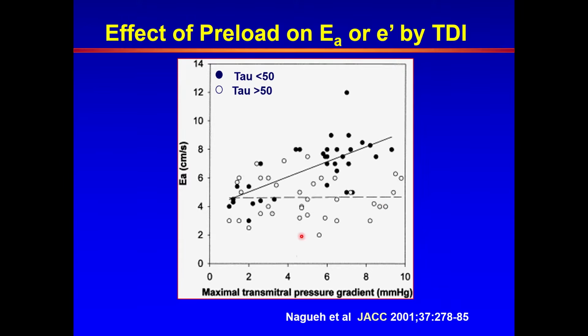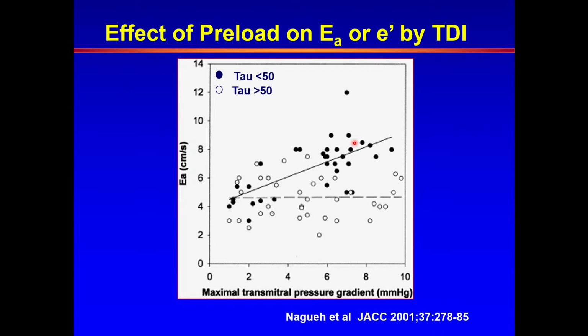A more insightful slide is shown here. It looks at the behavior of that velocity against the transmitral pressure gradients in experimental stages when the relaxation, if you would, was not impaired. Time constant defined by a time constant less than 50 milliseconds. And here you see the solid line and the solid dots showing a direct relation.